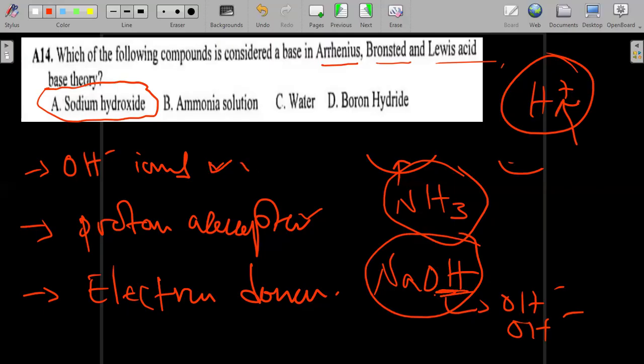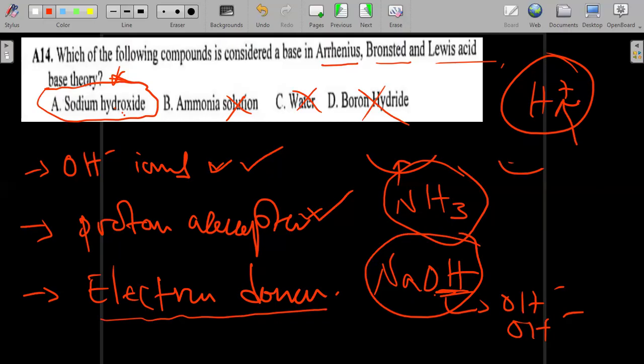So this checks, and then even the electron donor: the sodium hydroxide can donate the electrons to the acid that it is reacting with. So only the sodium hydroxide satisfies these three conditions. This one does not, the water does not, even the boron anhydride does not. Okay, so is that okay now?